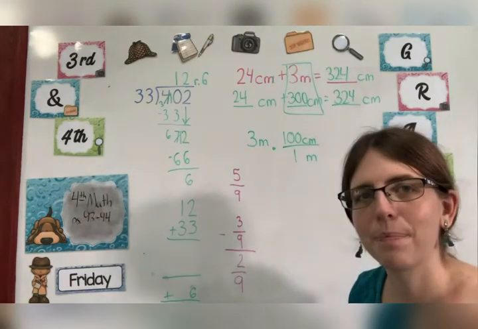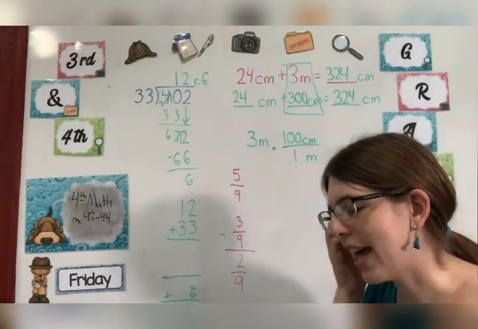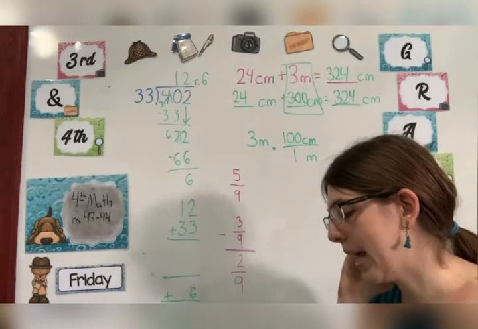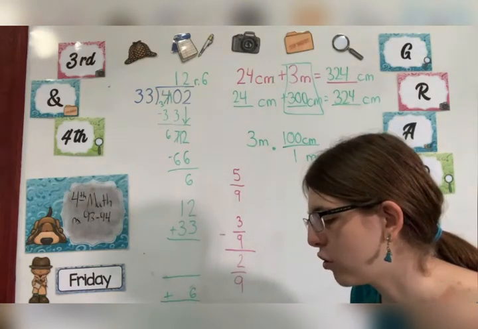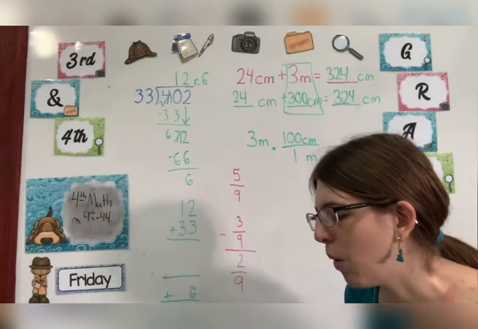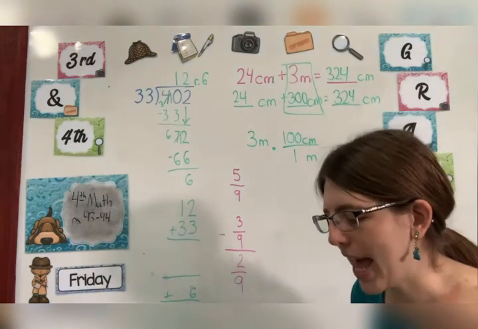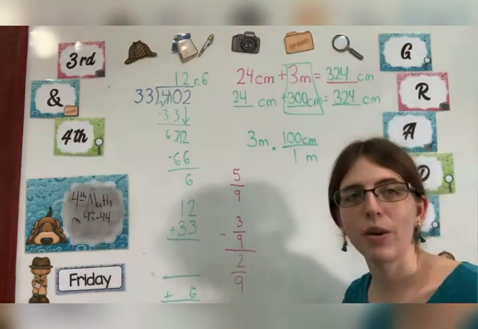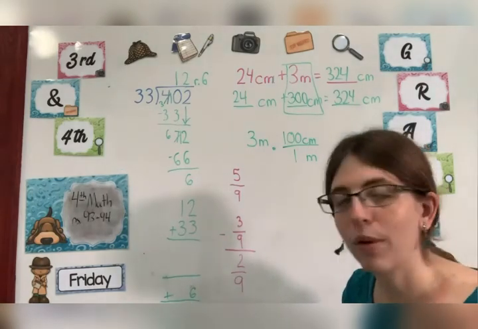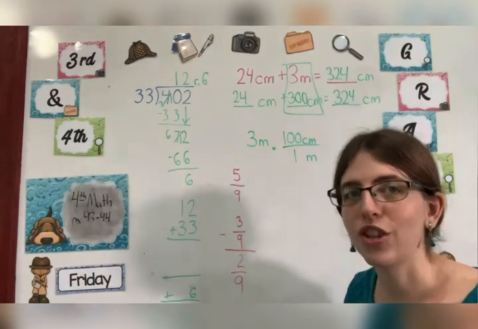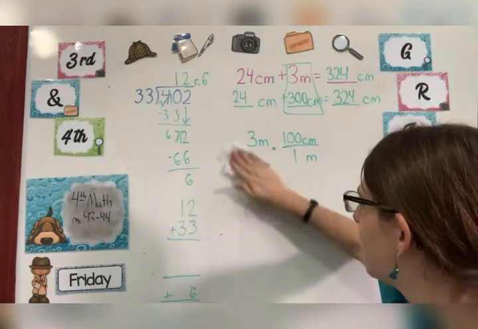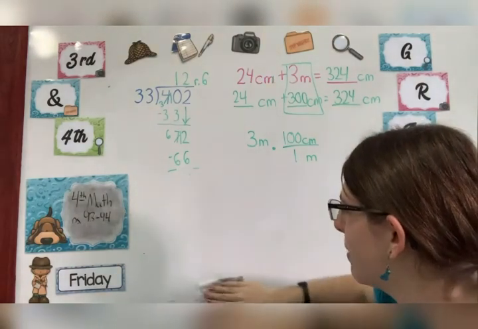All right. Letter B says, Pine View Christian School paid $27.09 for 21 pens. What was the cost for 1 pen? So they bought 21 pens for $27.09. I want to know just one. So how do we do this? Very, very simply.